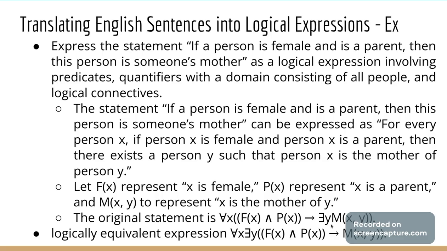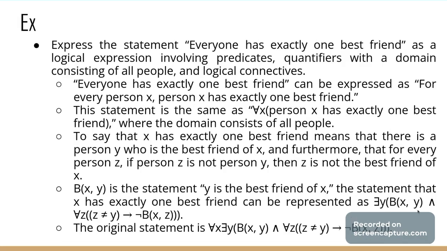Which is equivalent to, since this there exists y only applies to M(x, y), we can take the there exists outside. The range is only going to be in M(x, y). So for all x there exists y, F(x) and P(x) implies M(x, y), which is the same as this statement. They are equivalent statements.